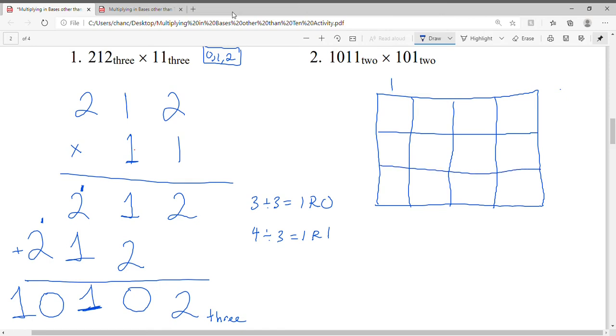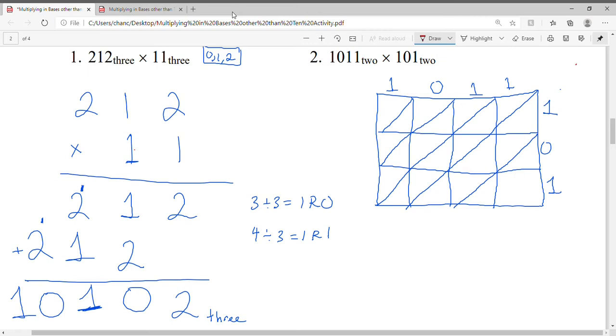Let's put 1, 0, 1, 1 on the top row. On the side here, let's put 1, 0, 1. Don't forget your diagonals. And now we can multiply.